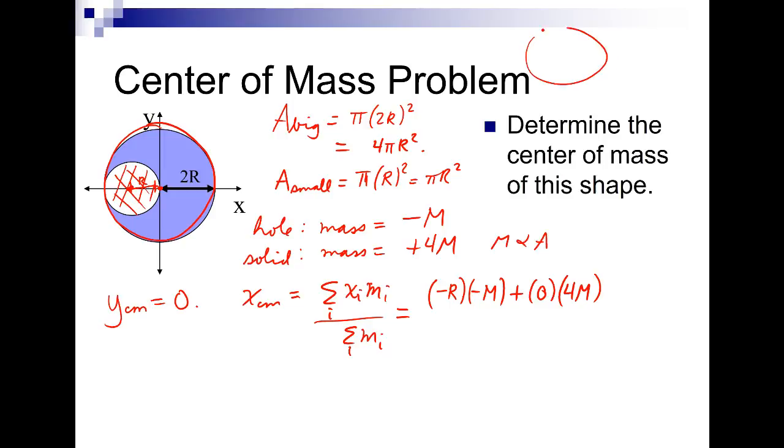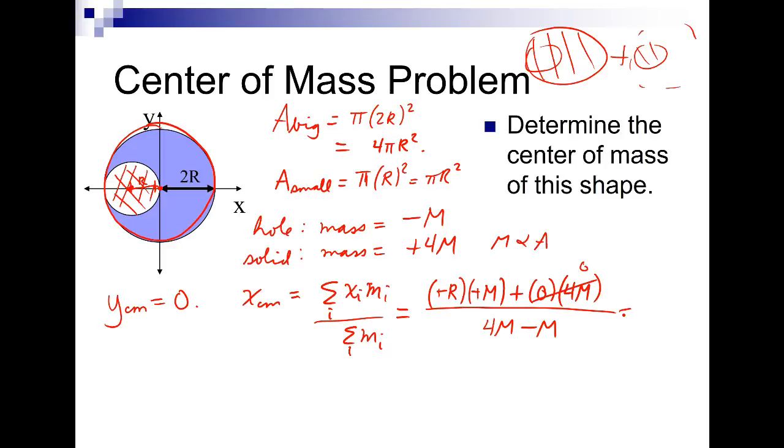So really what we're doing is a solid plus a negative hole. Not sure if that makes sense, but the hole is like right there. Now we divide this by the total mass, which would be 4m minus m. It's weird to think of negative mass, but that's how you treat a hole.